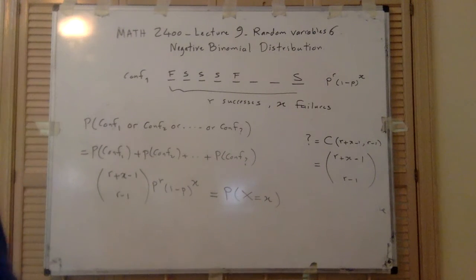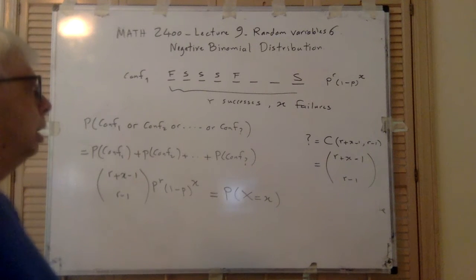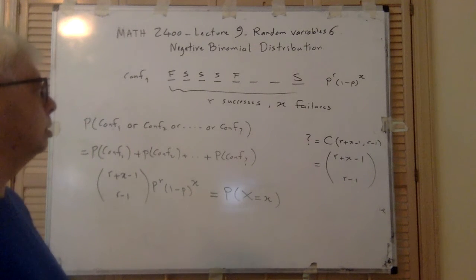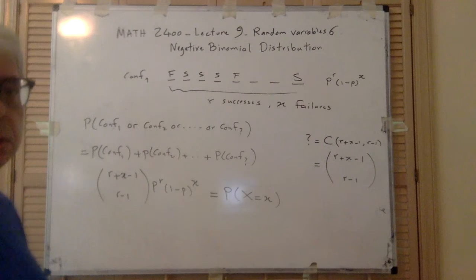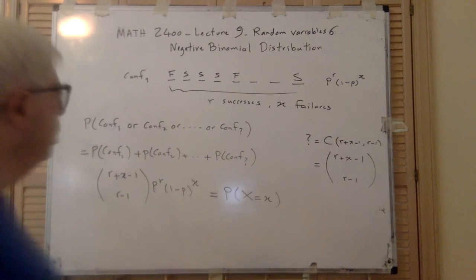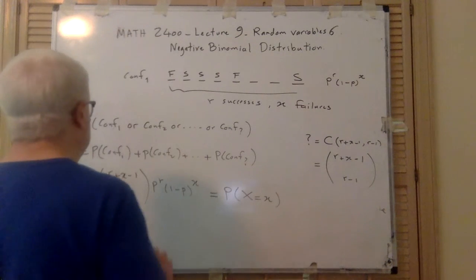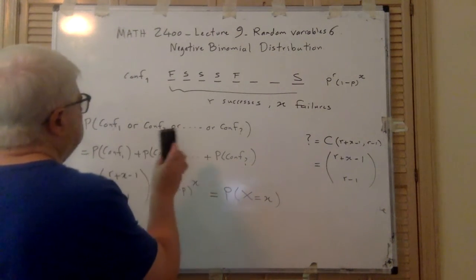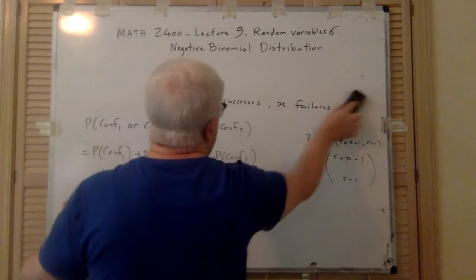Okay, so this is in fact the negative binomial, and you saw that the way that I analyzed this was similar to the way I analyzed binomial distribution. Okay, now special case is what we call a geometric distribution. So let me erase this and write the special case for you.